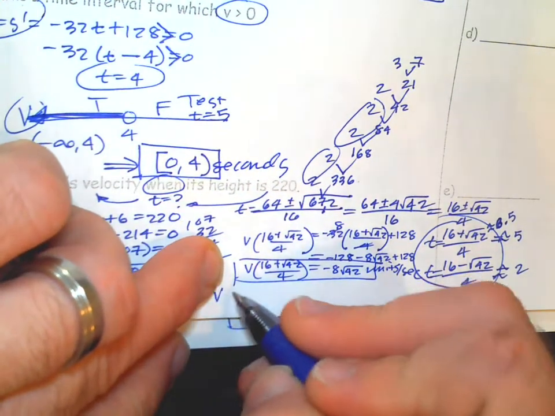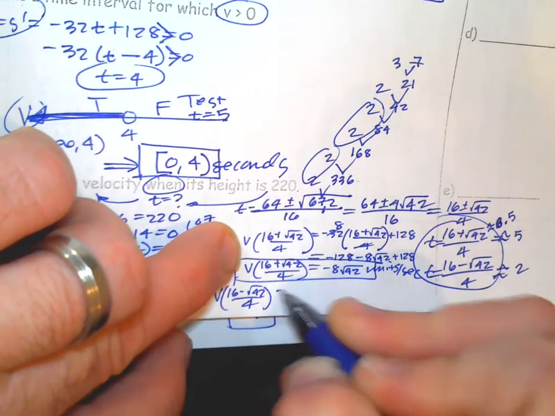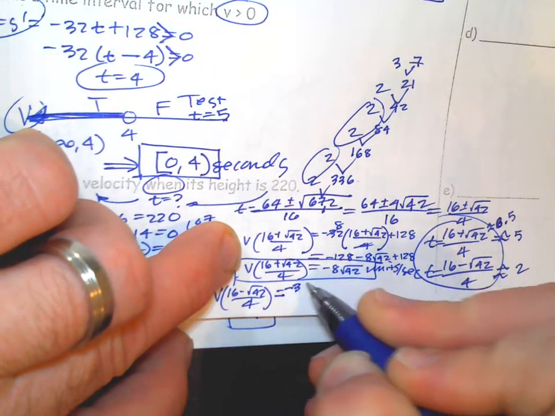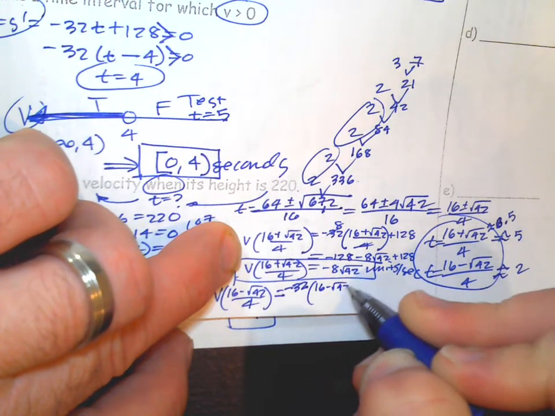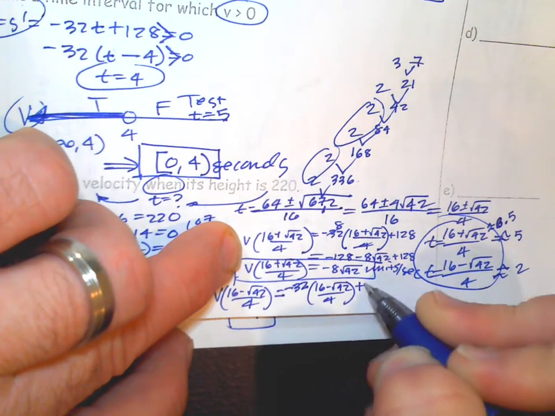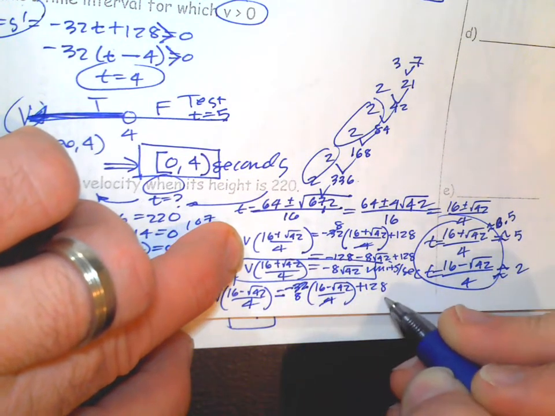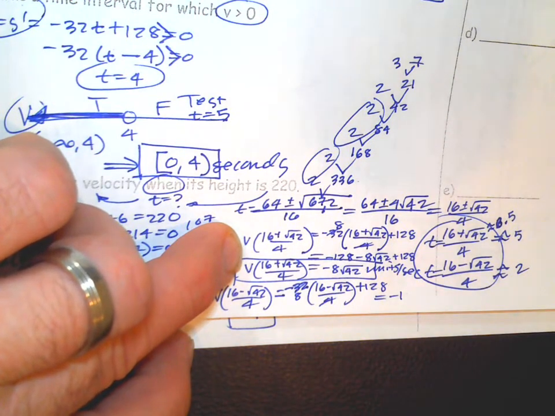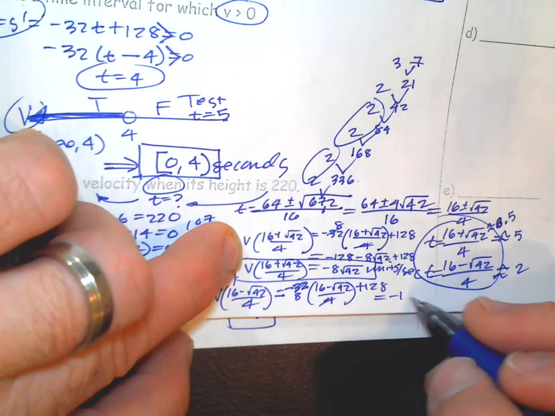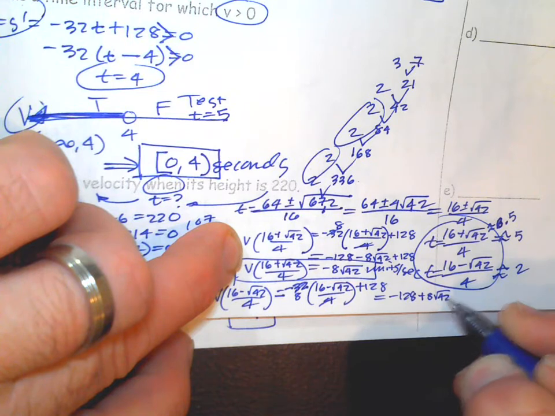The other one, velocity of 16 minus square root of 42 over 4, works very similarly. Going to be negative 32 times 16 minus square root of 42 over 4 plus 128. So it's going to be negative 128 plus 8 square root of 42 plus 128.